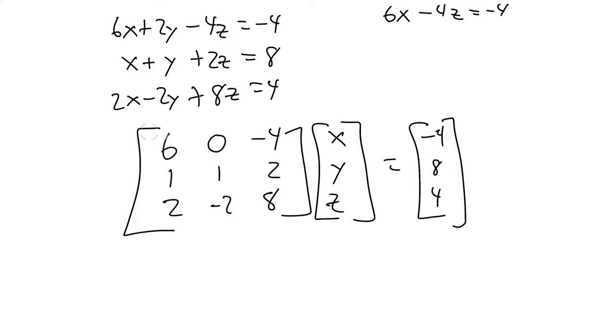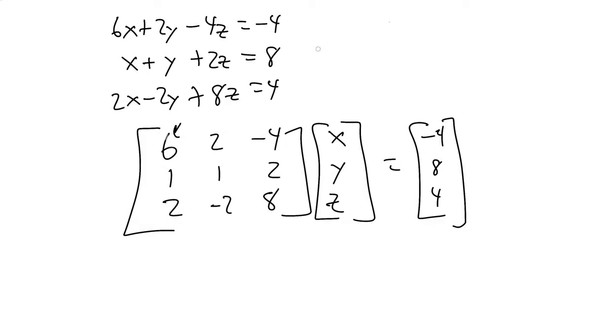So don't mess that up. Don't take this 6, negative 4 and leave it as 6, negative 4, because that would be wrong, right? It's got to be 6, 0, negative 4, okay? In this example, we actually have a non-zero value here, but just so you don't mess that up in case you get an example like that.